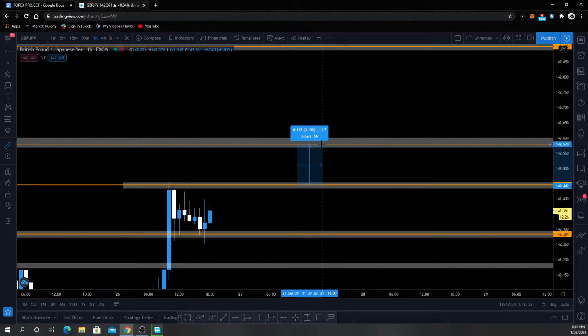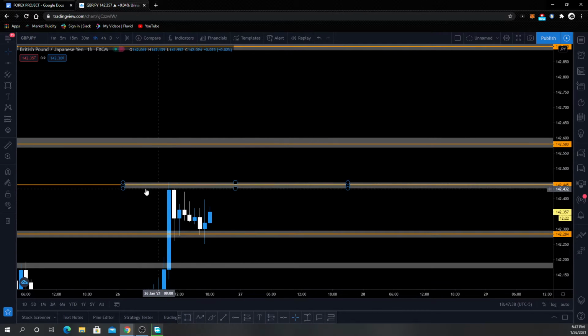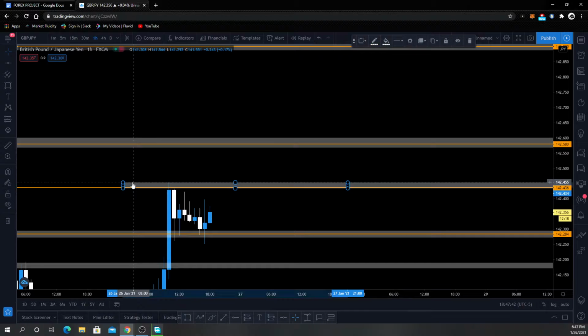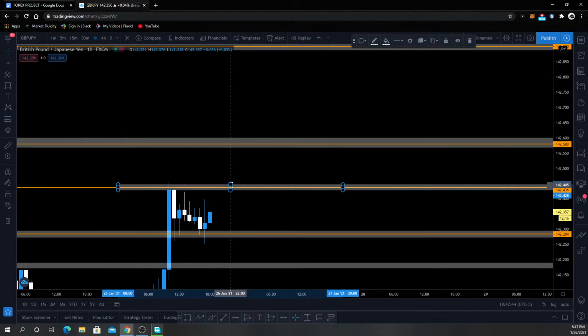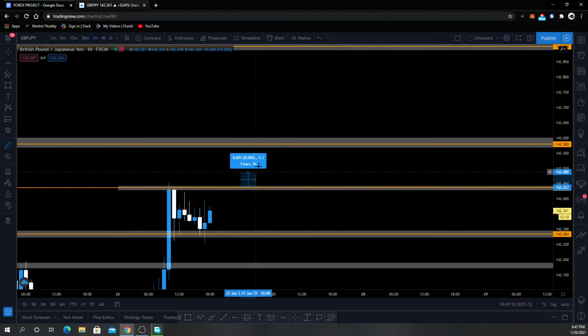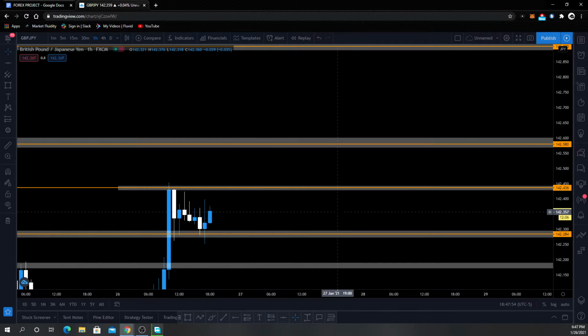Okay, so this is a 13 pip range, which is not a lot considering where we are in the market right now, but it's still a very reasonable target that we could reach and secure profits. So 15 pips, let's measure one more time. Yeah, around 14-15 pips, which is not very bad actually.